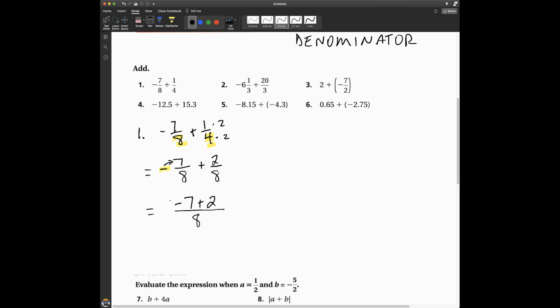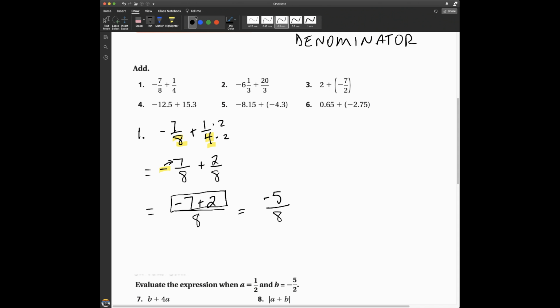And so this part, now I remember same sign, add and keep, different sign, subtract. So I'm going to subtract those absolute values. I'm going to take the larger absolute value, subtract the smaller. So I end up with negative 5 because I keep the sign of the bigger absolute value.